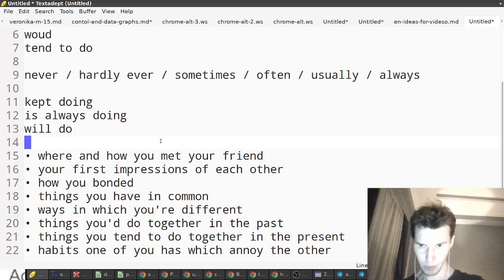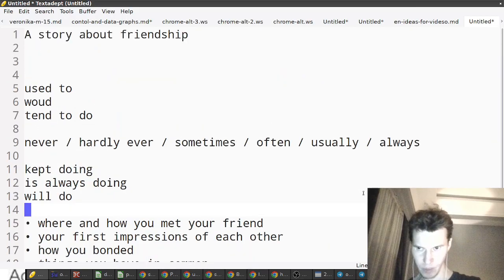Okay, when and how you met your friend. Your first impressions of each other. How you bonded. Things you have in common. Ways in which you are different. Things you did together in the past. Things you tend to do together in the present. Habits one of you has which annoy the other.